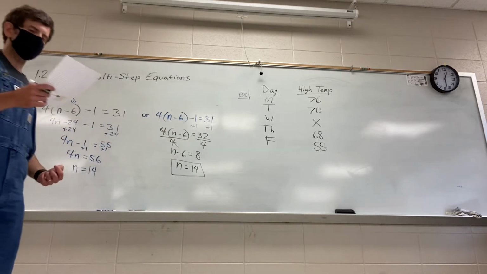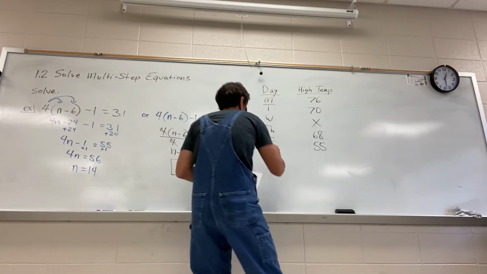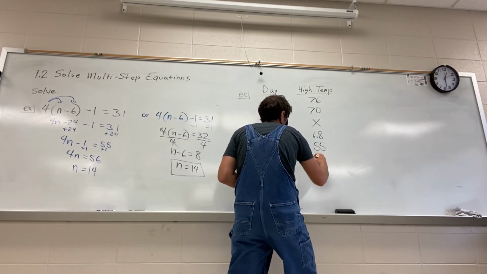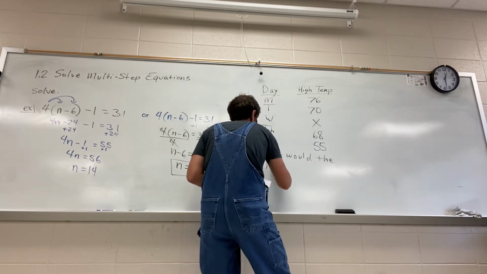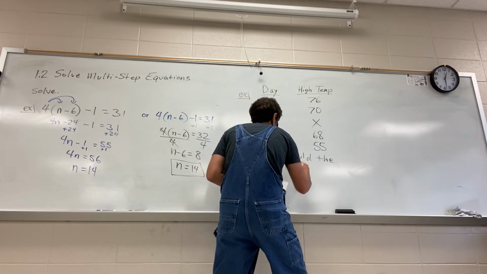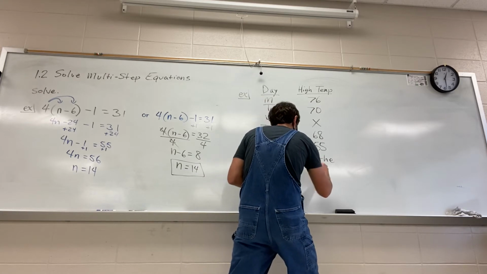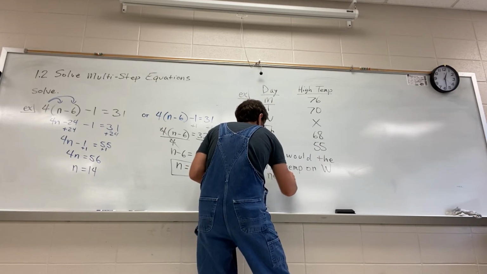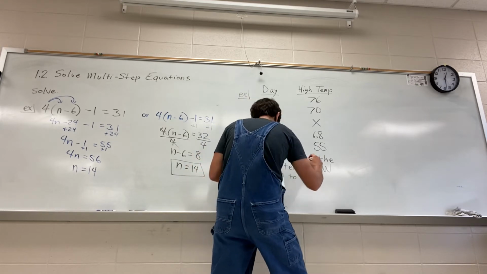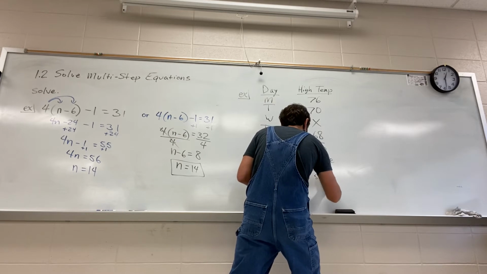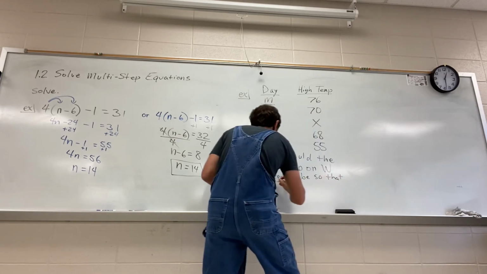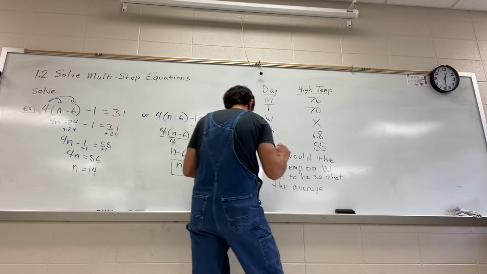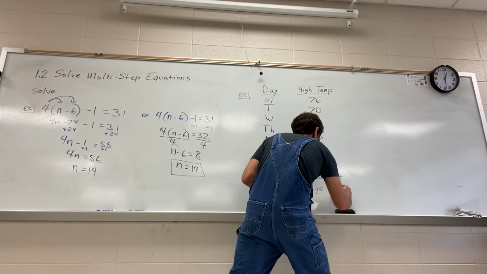And here's our question. And please make sure you get all this down: what would the high temp on Wednesday need to be so that the average is 65?